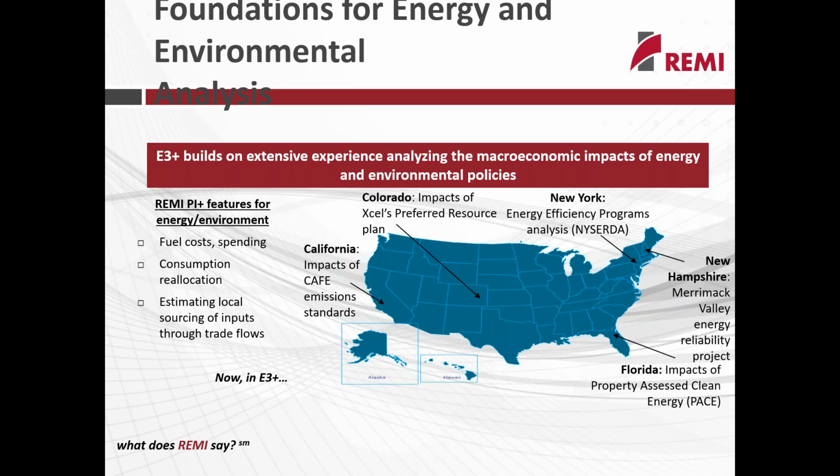So there are analyses on energy and environment that are possible without E3 Plus. However, there are extra things that are doable in E3 Plus that are harder to do in PI Plus.